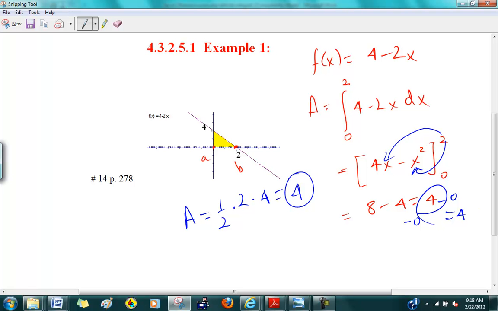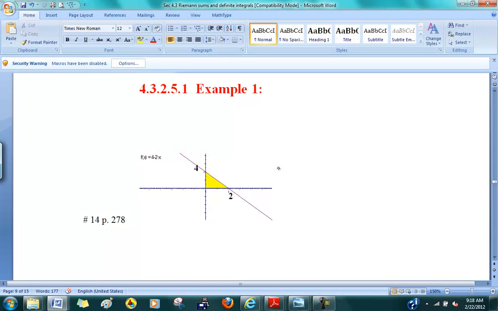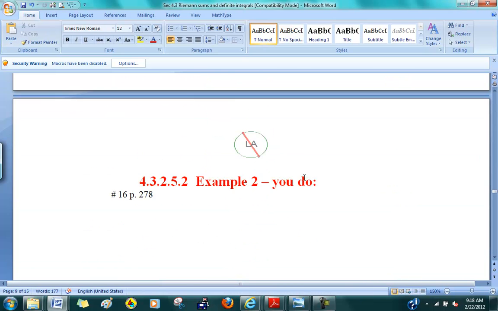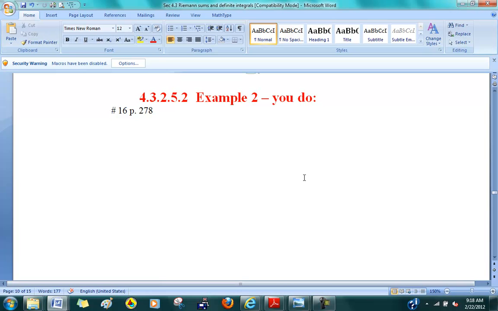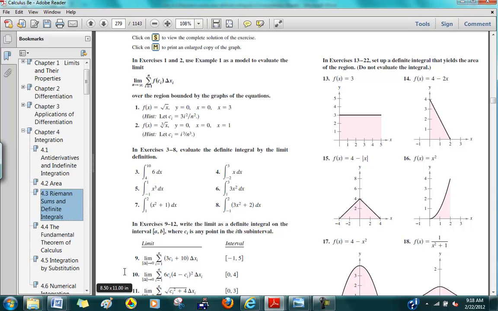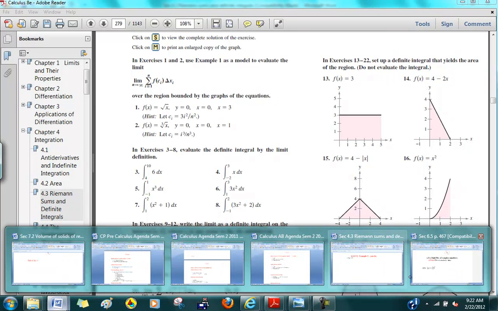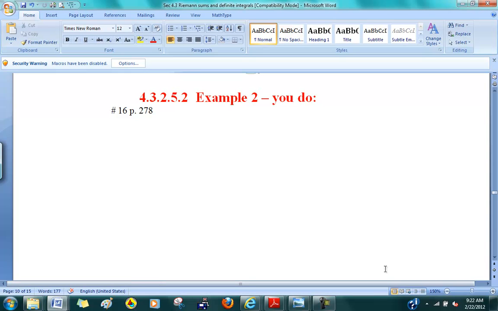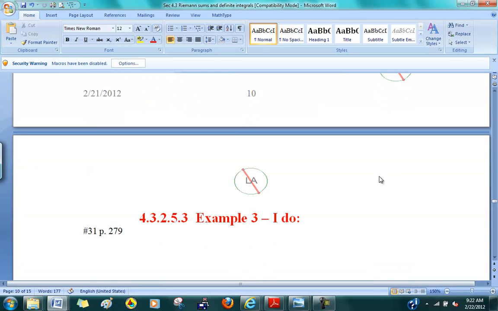So what you need to do is number 16. You need to do number 16. No, you're not done. You still have some more examples to do. Okay, a couple of examples, 2 more examples, and then you're done, okay?